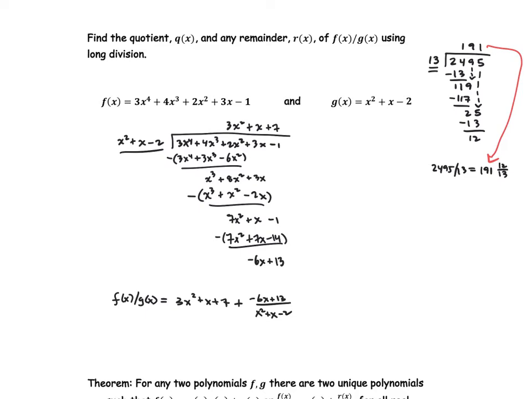Okay, it says find the quotient q of x and any remainder. So what is q of x? Q of x ends up being this. This is q of x. And r of x, we're going to put in red here, is our remainder function.